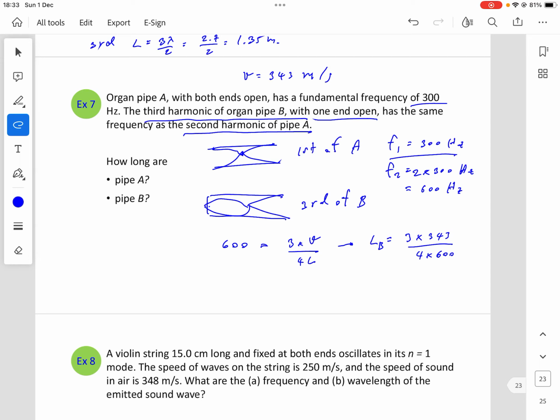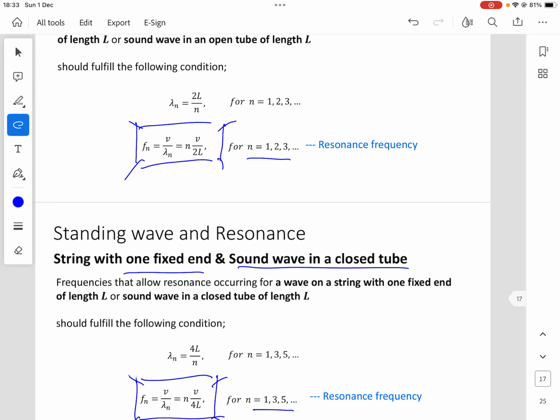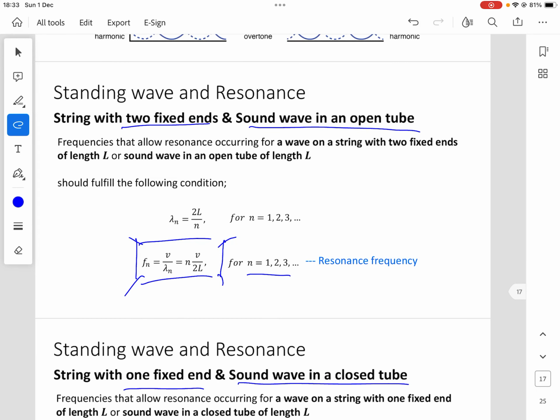See that 300 equals, again, 1 multiplied by V divided by 2L, right? You can check this is correct for the open tube.